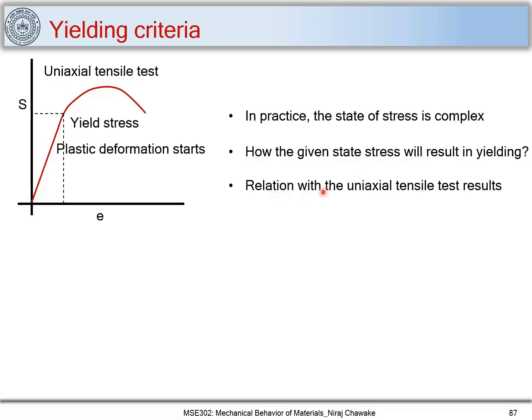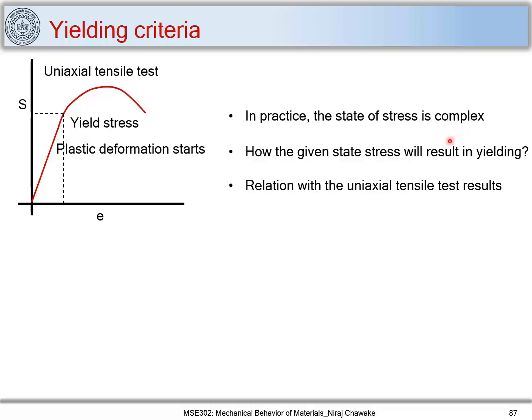So we need to find a relation between the uniaxial tensile test and yielding caused by a complex state of stress. Because in laboratories, we can easily do a uniaxial tensile test and find out when material starts yielding. And thus, it is very important to find a relation where we can say that if I am given a state of stress, the material will yield or not.